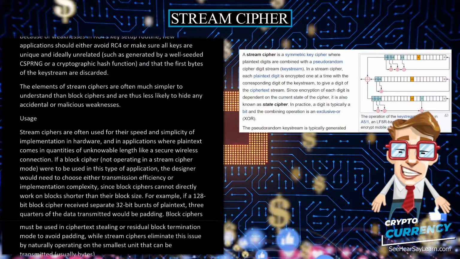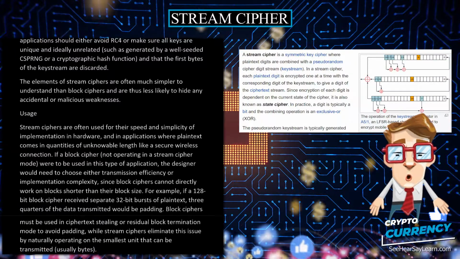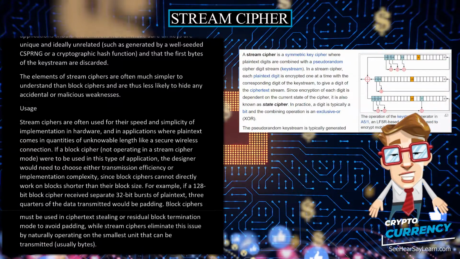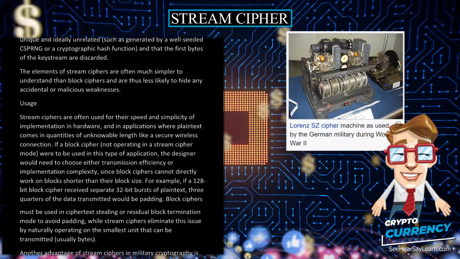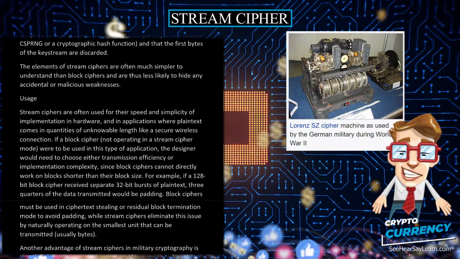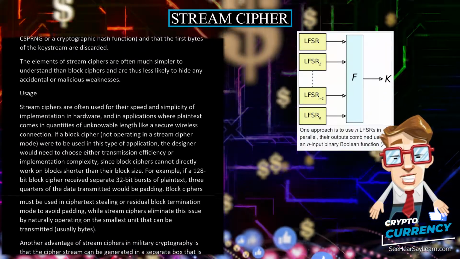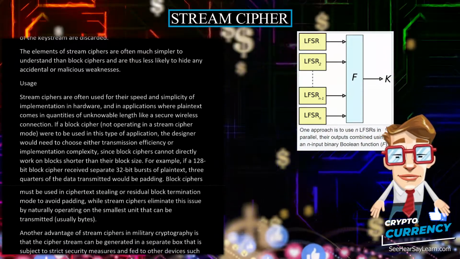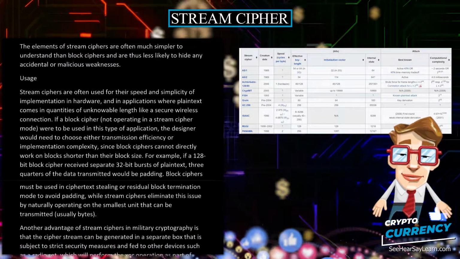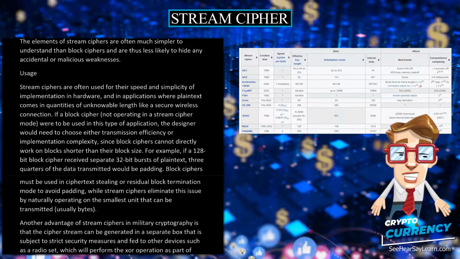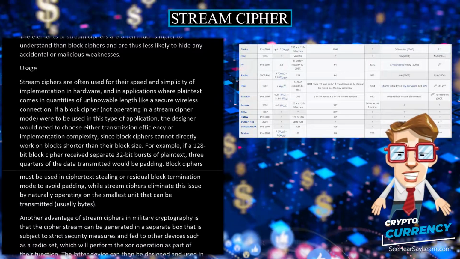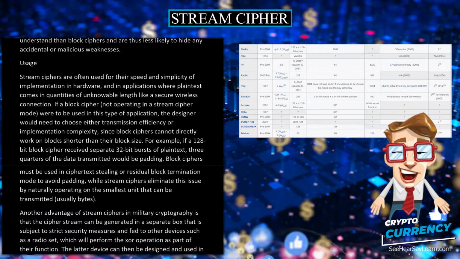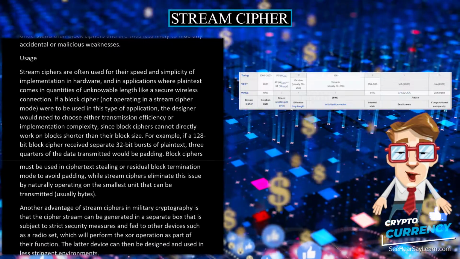For example, if a 128-bit block cipher received separate 32-bit bursts of plaintext, 3/4 of the data transmitted would be padding. Block ciphers must be used in ciphertext stealing or residual block termination mode to avoid padding, while stream ciphers eliminate this issue by naturally operating on the smallest unit that can be transmitted, usually bytes.